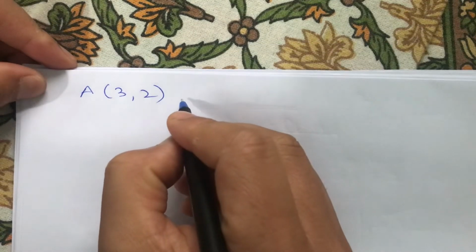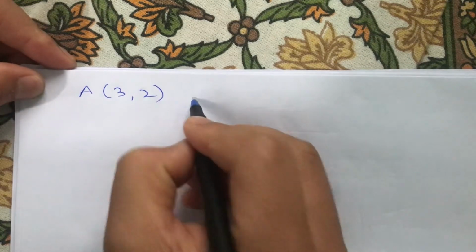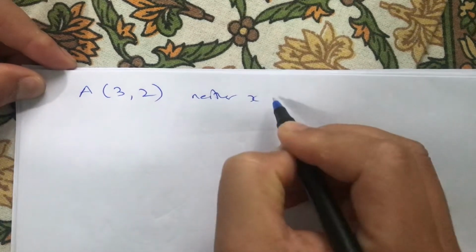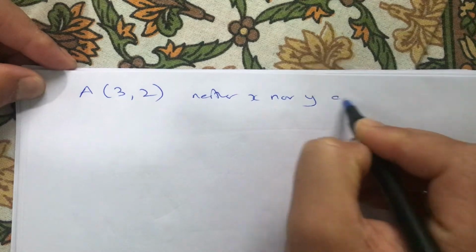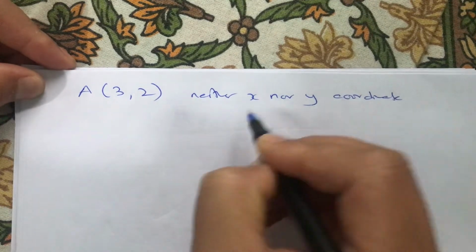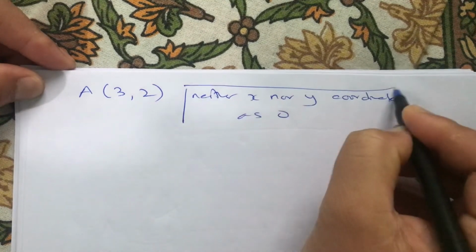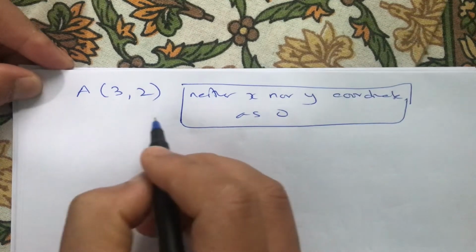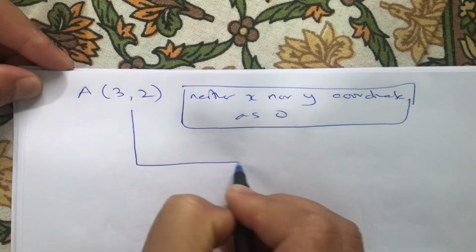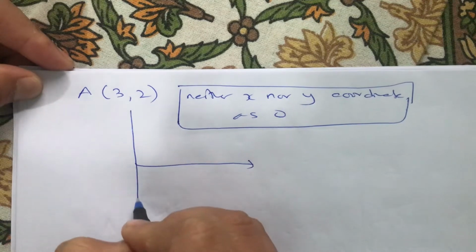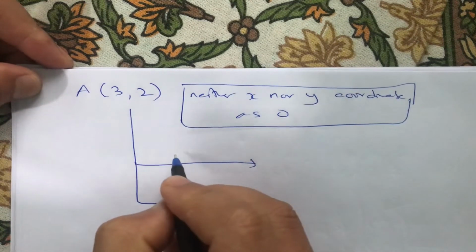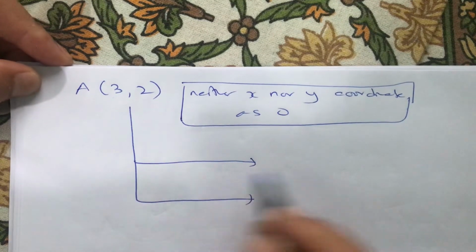So when you have neither x nor y coordinate as 0, this kind of point will always be invariant in, rather than writing it this way, I'll just write it this way.